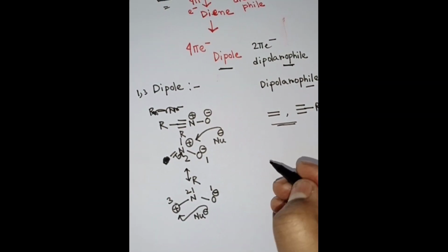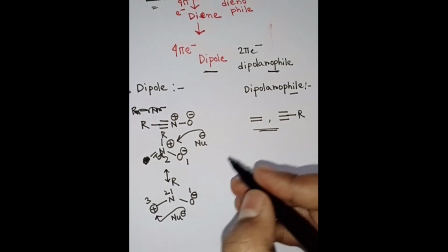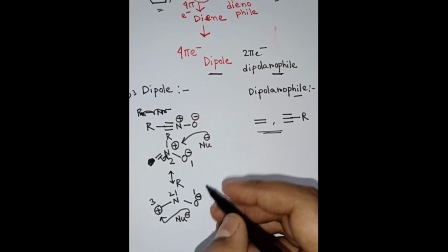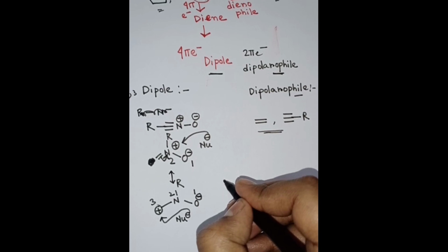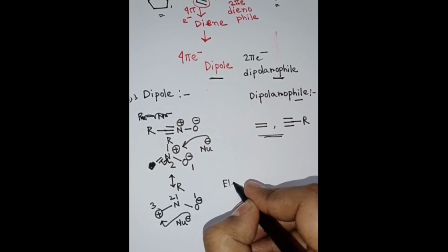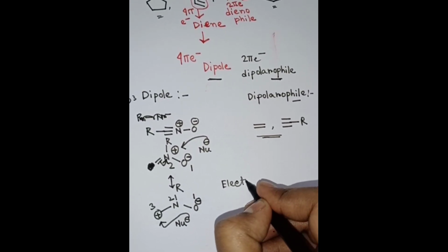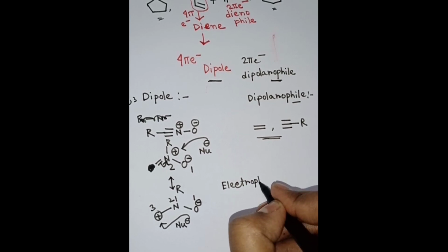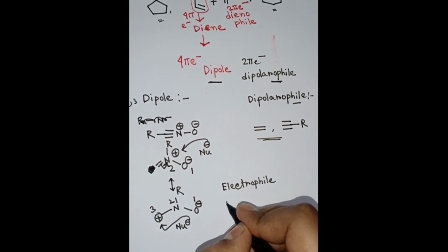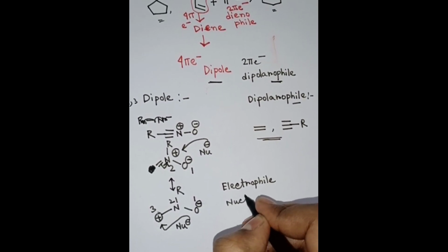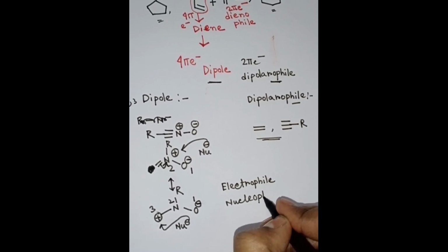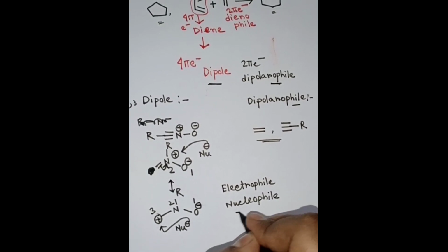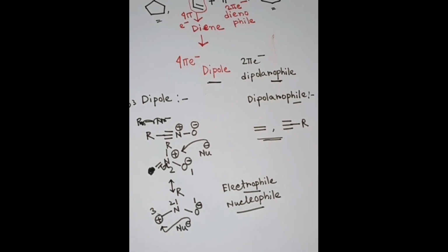Depending on the nature of the dipolarophile, this 1,3 dipole can act as an electrophile or a nucleophile. So it can act as both electrophile and nucleophile.